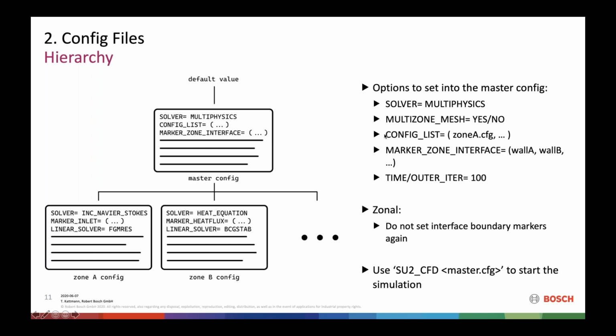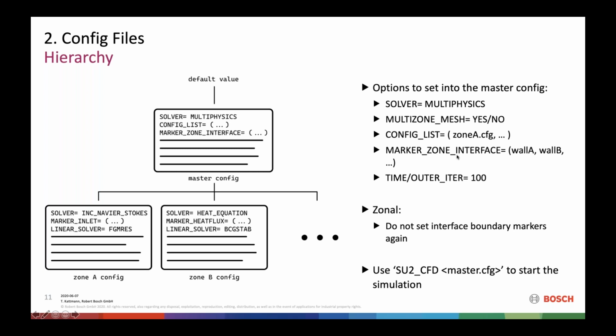Then you have to specify a config list where you just add all the config files which you want to use separated by a comma. And here you just have to also follow the order that you prescribed in your mesh. So the first mesh gets first config file and so on. In the next step, you have to add the zone interface markers into the master config file.